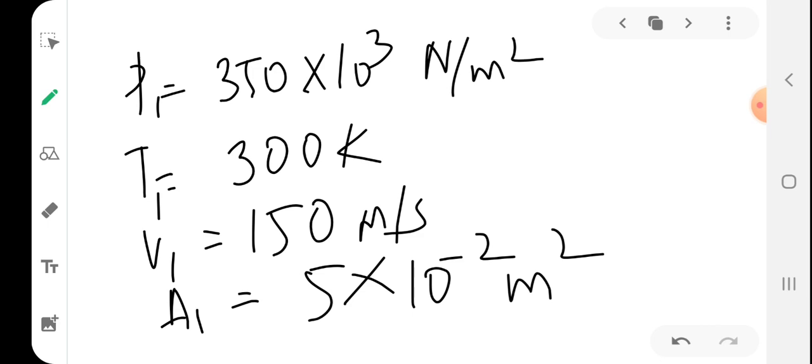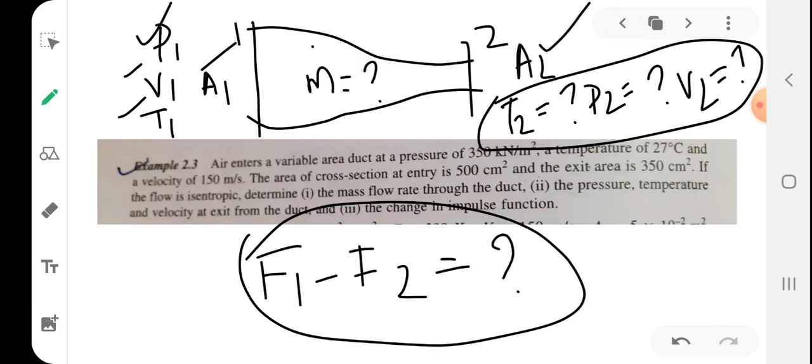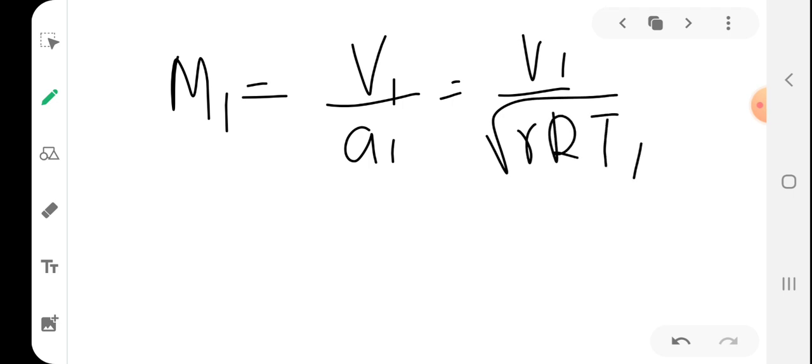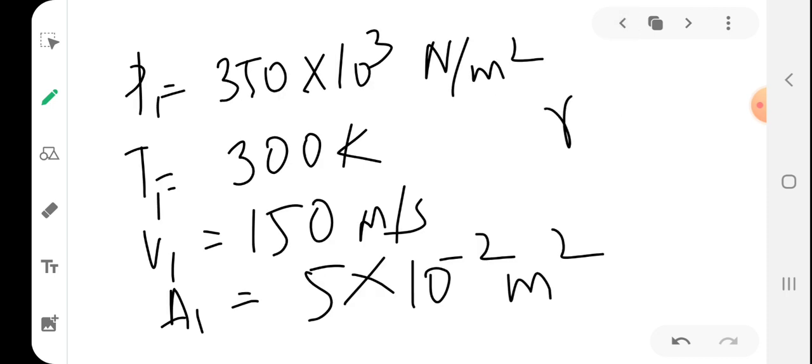Now, very important: as soon as you are given the velocity, you try to find out the Mach number at 1. So Mach number at 1 is always V1 by a1, which is equal to V1 by root of gamma R T1, since the fluid is air. So gamma equal to 1.4, R equal to 287.